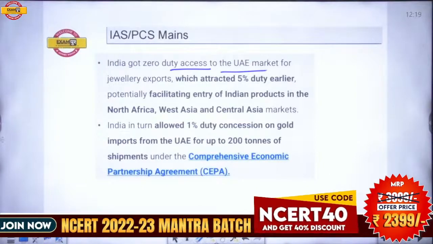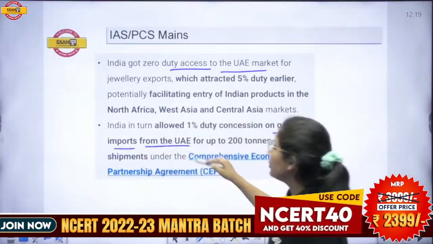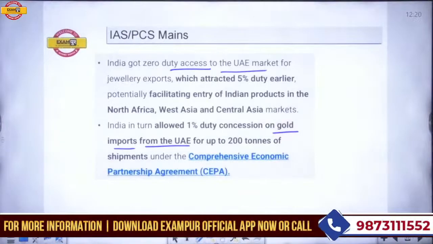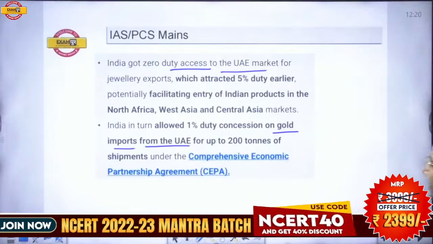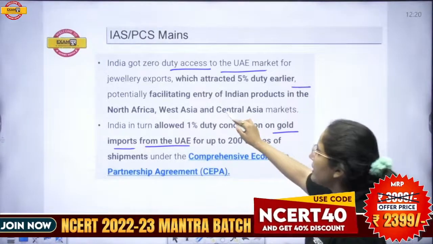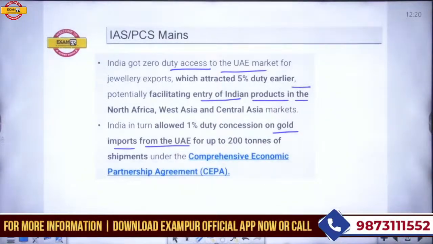India in turn allows a 1% duty concession on gold imports from the UAE. You get this privilege if you are part of the comprehensive economic partnership agreement. Earlier it attracted a 5% duty, and it facilitates entry of India's products into the North Africa, West Asia and Central Asia markets.